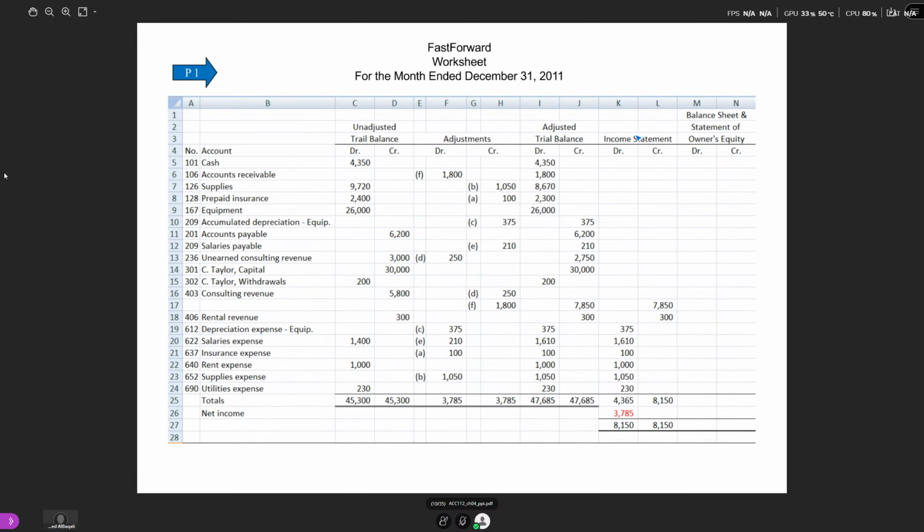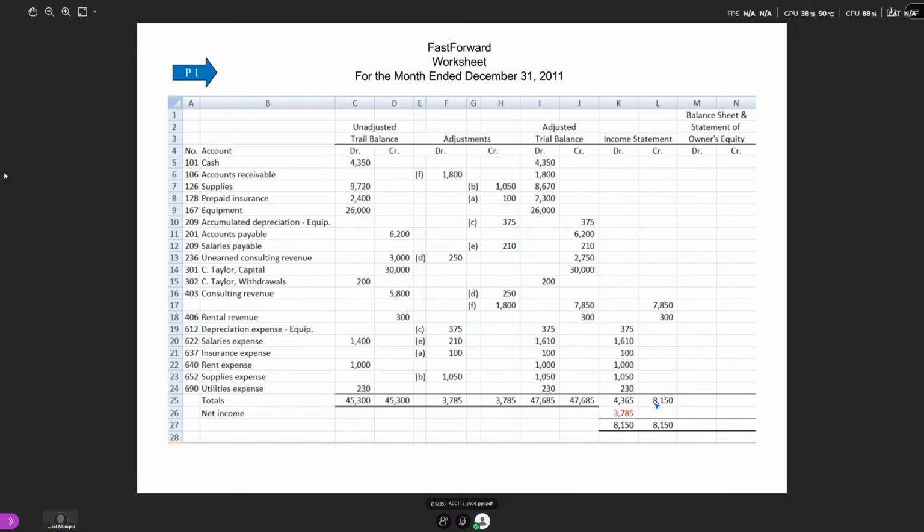So here in the income statement columns, what you see is all of your revenues, on the credit side. So we have 2 revenues and all of our expenses. Now, obviously, the totals here should not be equal.